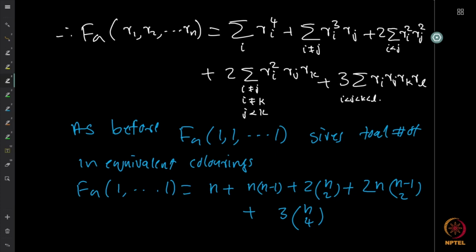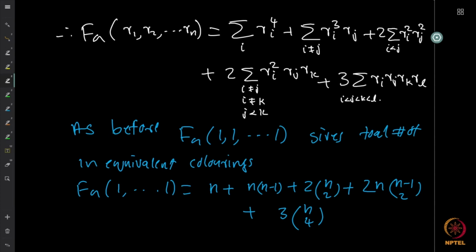But there are two possibilities here: one is i less than j, and the other is i greater than j. Then again, one color ri appears twice, and rj and rk appear exactly once. So i is not equal to j, and i is not equal to k also, and j is less than k.